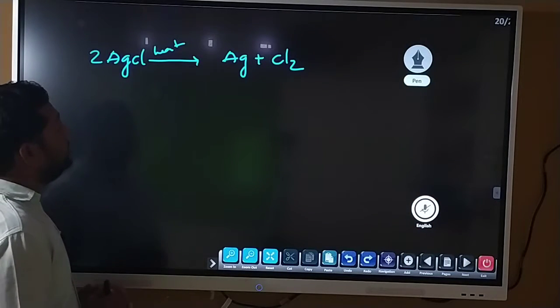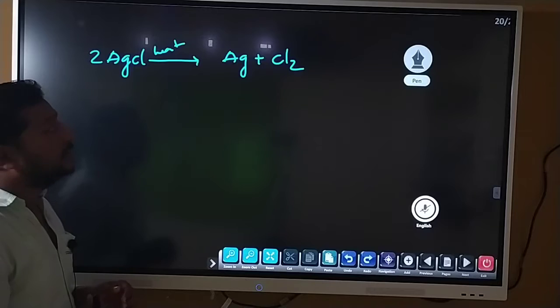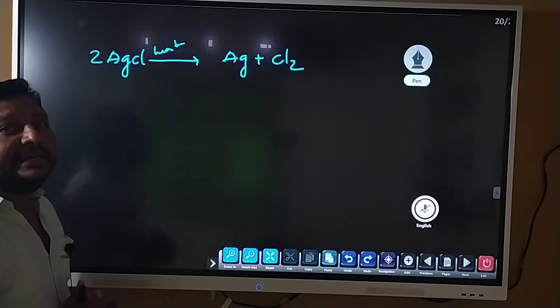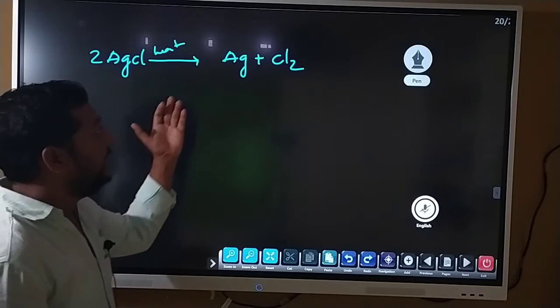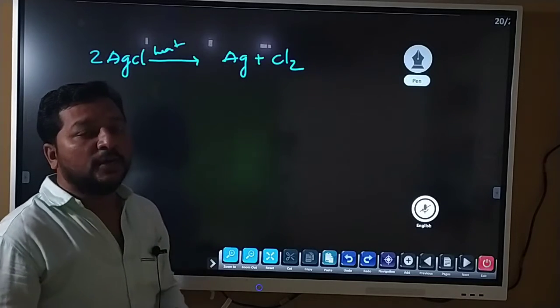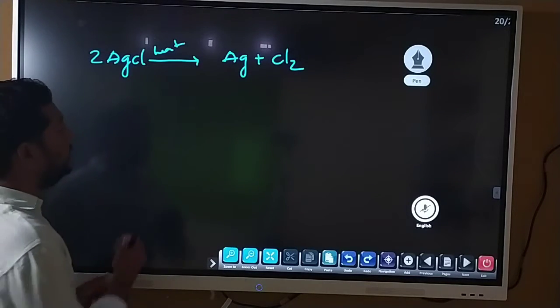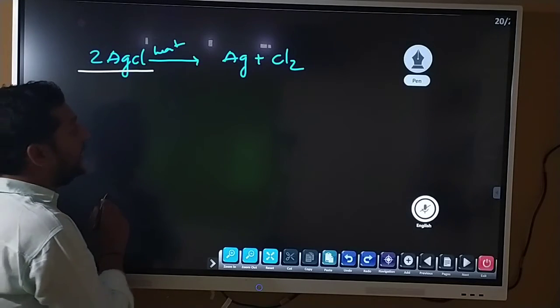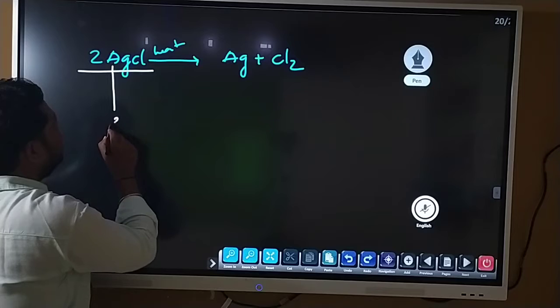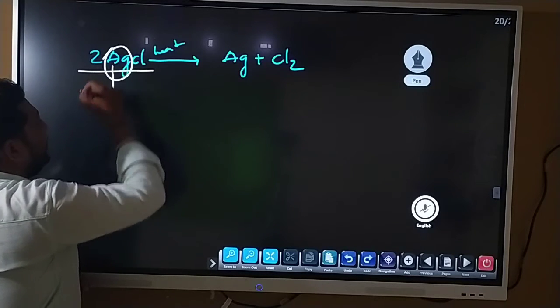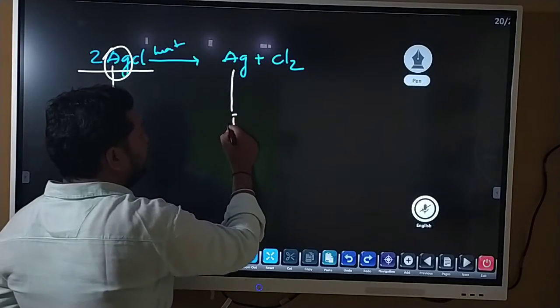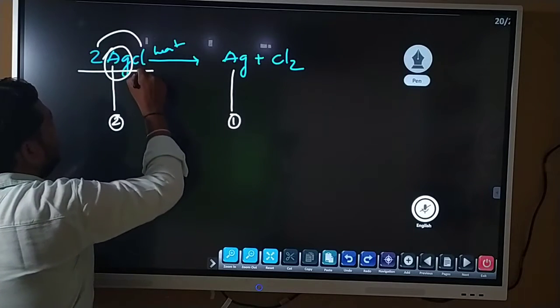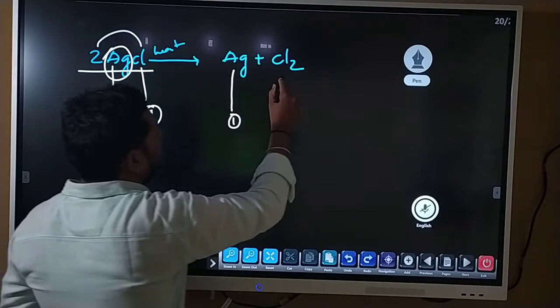Another reaction: when silver chloride is heated in the presence of sunlight, silver and chlorine are formed. Here also just focus on the atoms, the mass of the atoms. Here 2 Ag means silver atoms are 2 in number, here 1 in number. Chlorine again here 2 in number, here 2 in number.